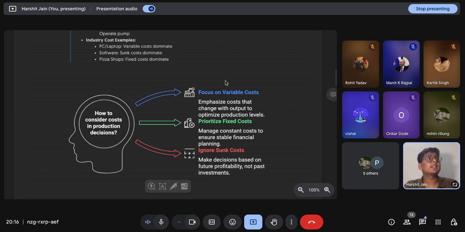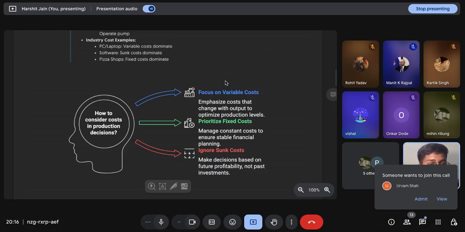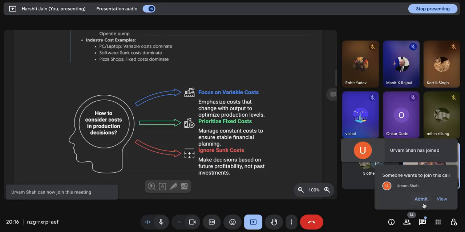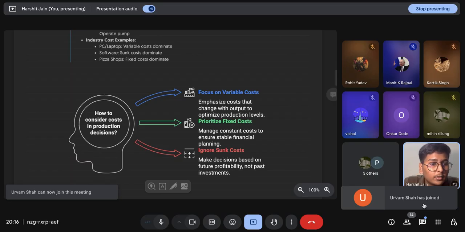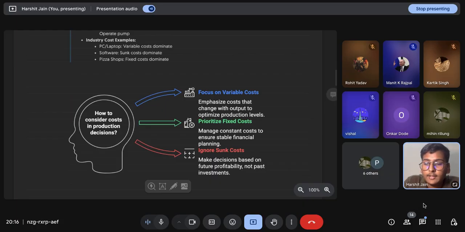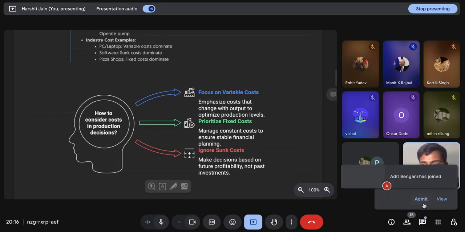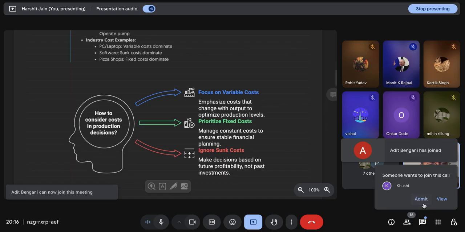If you manufacture five things, then your variable cost is 5 rupees, but when you manufacture 10 products, then your variable cost is 10 rupees. The fixed cost is the remaining. These remain constant, like machinery, rent, and license.